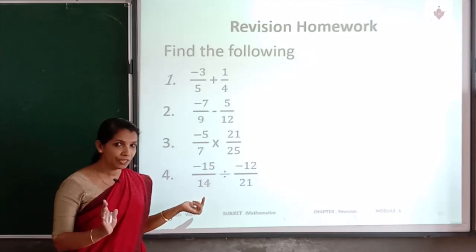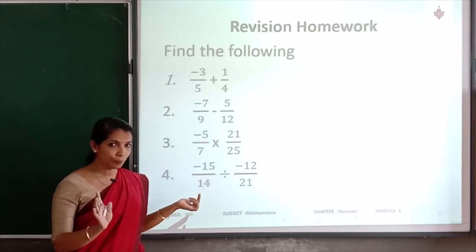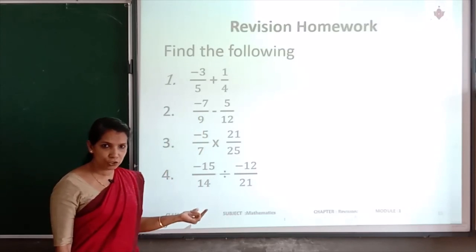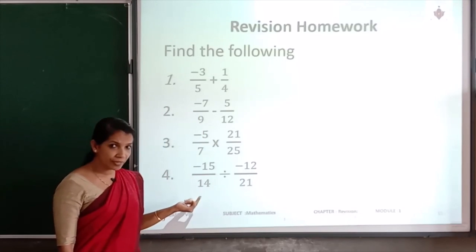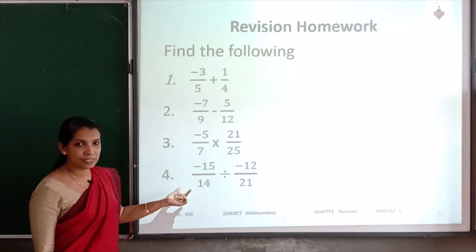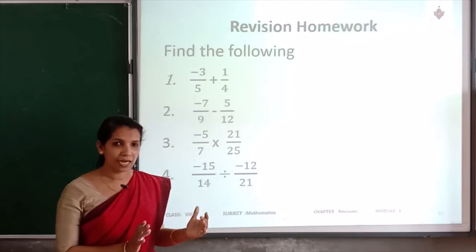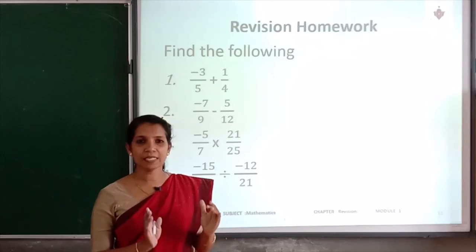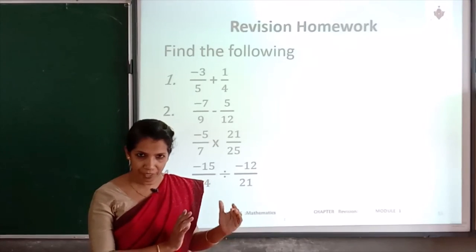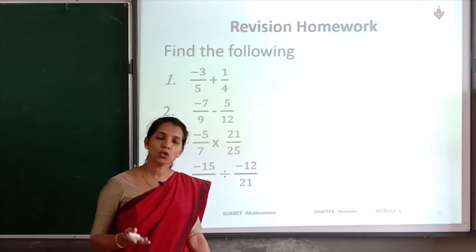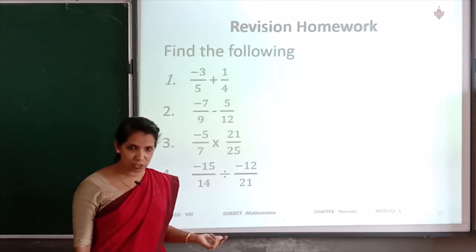So you should be thorough with the addition, subtraction, multiplication, division of rational numbers. That is why I am giving you these 4 questions. Do it in an A4 size sheet and keep all the assignments and all the work in maths in a separate file. At the same time, you have to practice more questions from other topics also.